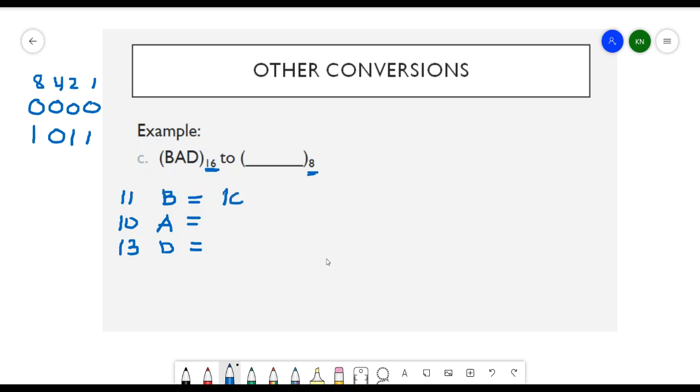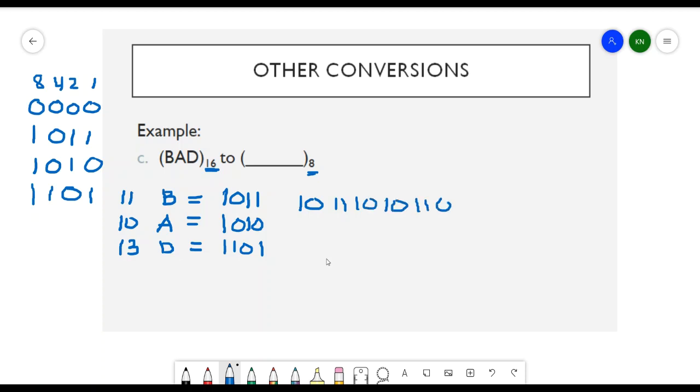So we have 1, 0, 1, 1. Next is A. So we have 1, 0, 1, 0. 8 plus 2, that is 10. Next is 13. So we have 8 plus 4, 12, plus 1, that is 13. So we have 1, 1, 0, 1. Now, combining this, we have 1, 0, 1, 1, 1, 0, 1, 0, 1, 1, 0, 1.